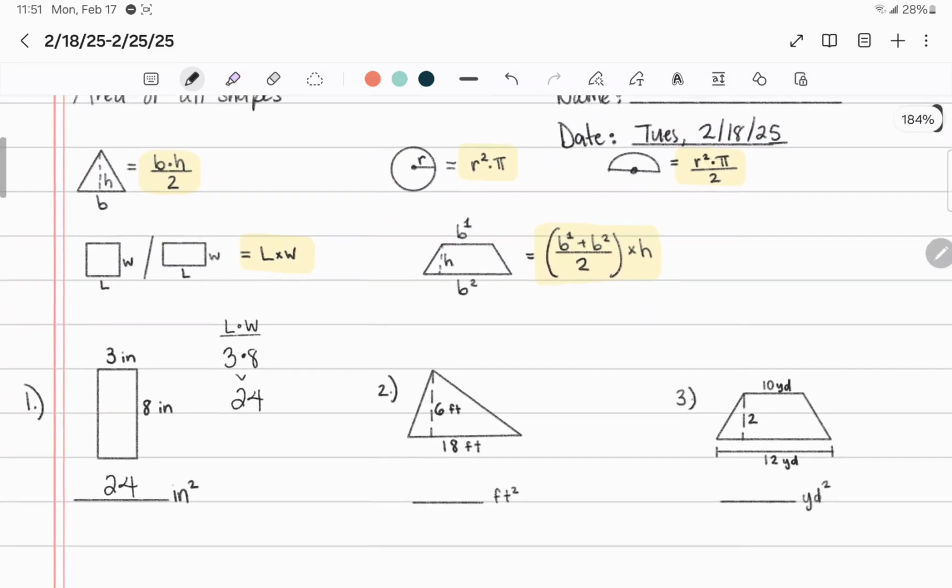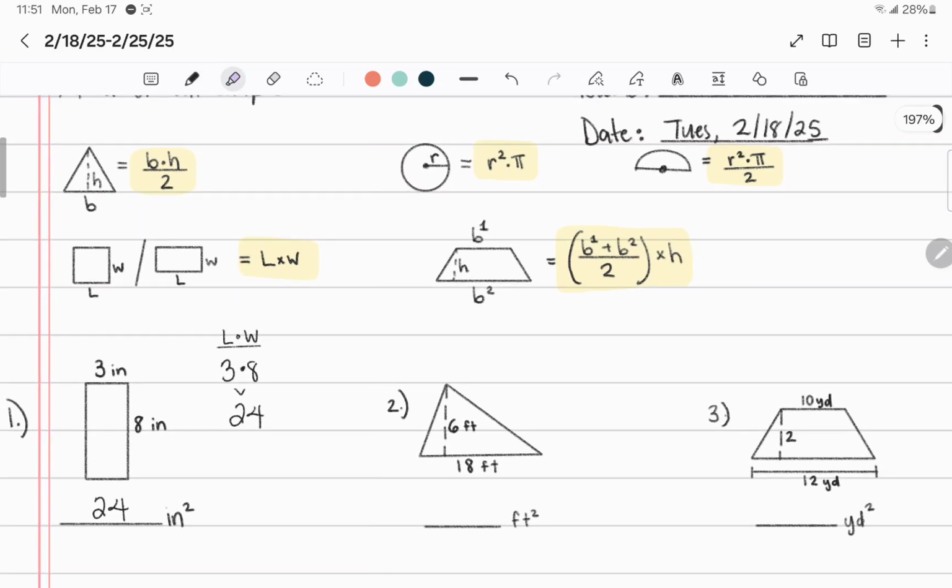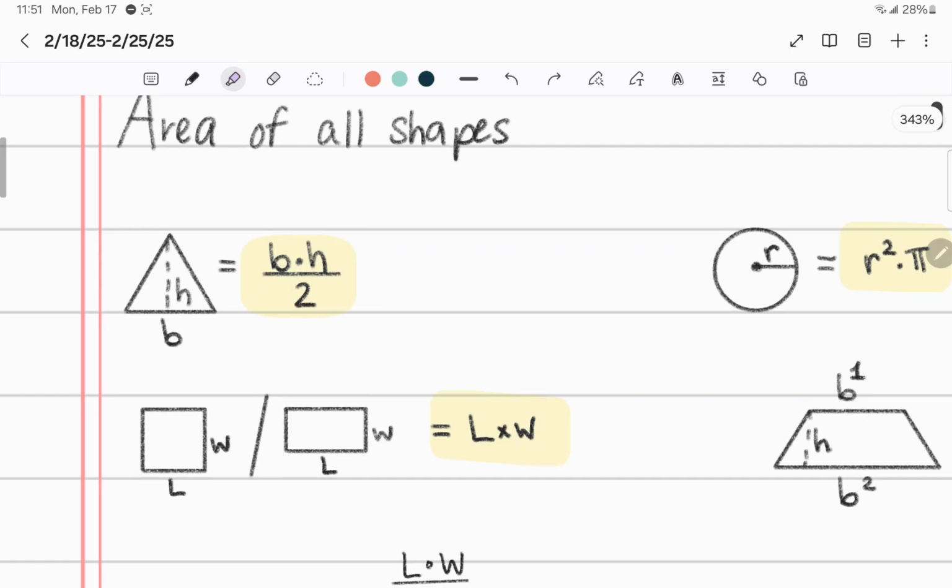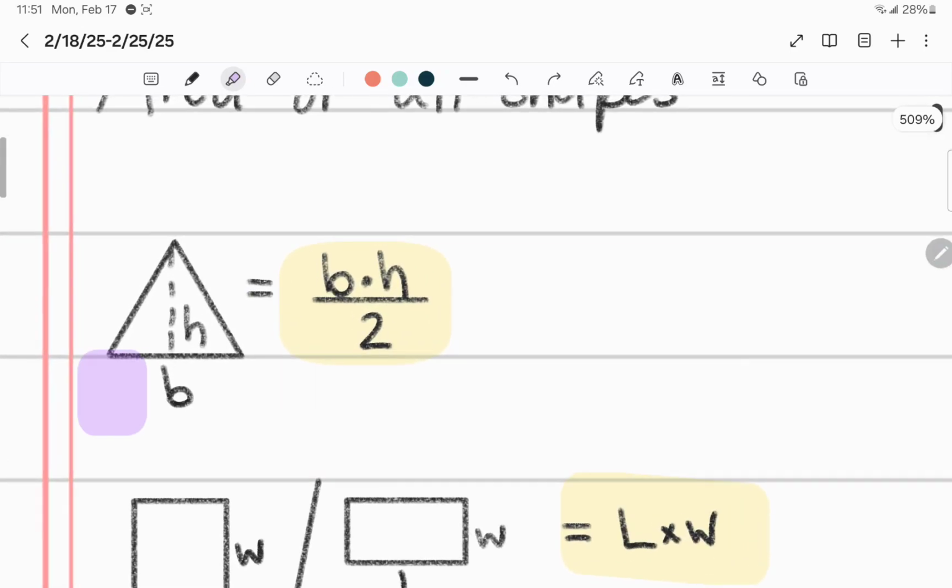Now our triangle is up here. I gave you guys the marking, so let's just go up here for a sec. So down here is your base, and then your height is always the one inside of the triangle. So you only have 2 numbers there. The 2 is always there. We're always dividing by 2.